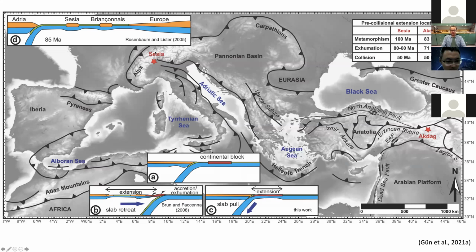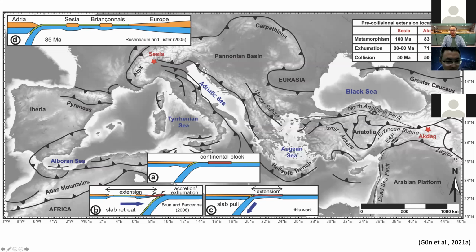For example, the Sesia zone in the Western Alps in Italy. It is supposed to be a ribbon-like microcontinent or continental block between Europe and Adria, and it was moving towards Adria in this kind of cartoon, according to Rosenbaum and Lister.